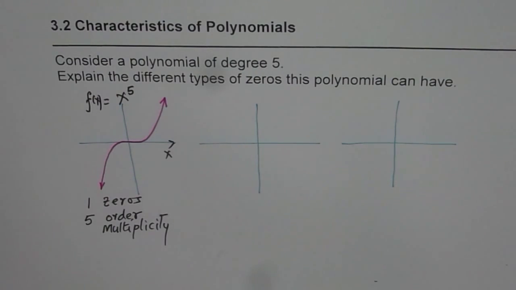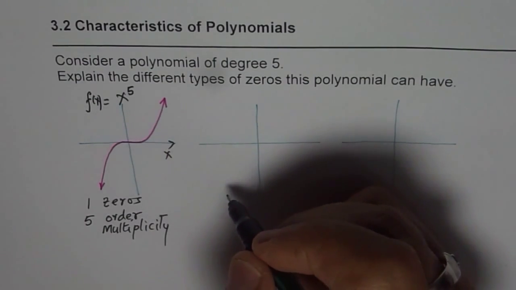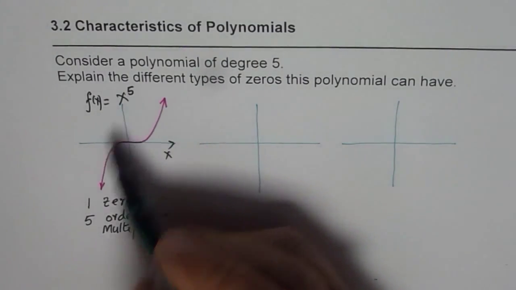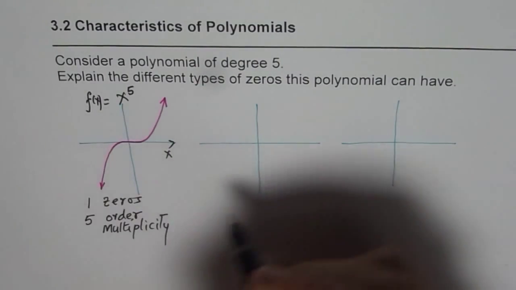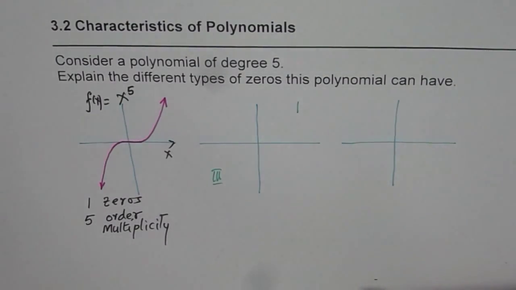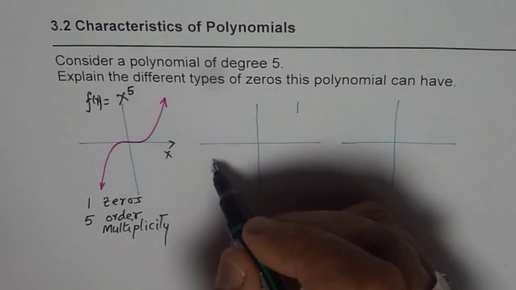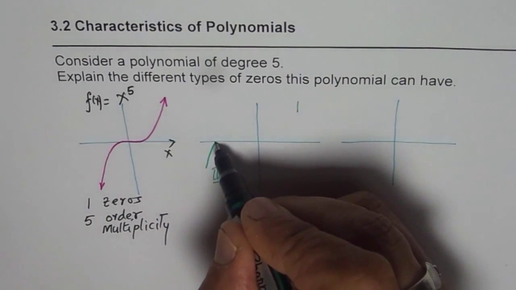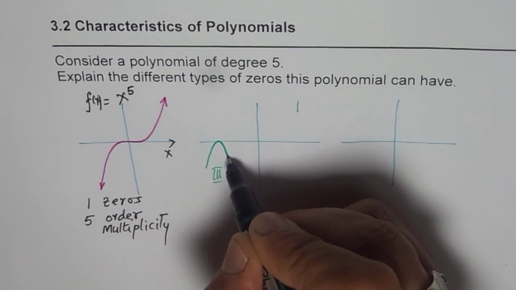So with that, you probably understand zeros better, and now you'll appreciate it even more. So let's say degree 5 we are considering. So we are always moving from quadrant 3 to quadrant 1, and we are just looking for possibilities of moving. We could also go like this, right? We could have a double zero here, so it turns, right?